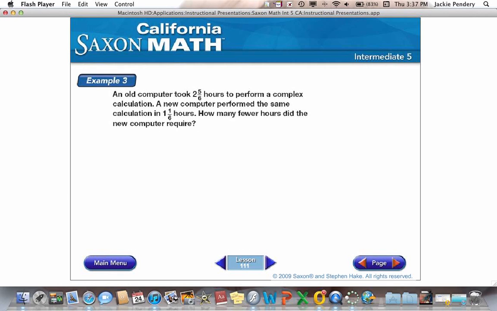Okay, an old computer took 2 5/6 hours to perform a complex calculation. A new computer performed the same calculation in 1 1/6 hours. How many fewer hours did the new computer require? Well, since we're doing how many fewer, this tells me I'm going to subtract. So 2 5/6 minus 1 1/6.